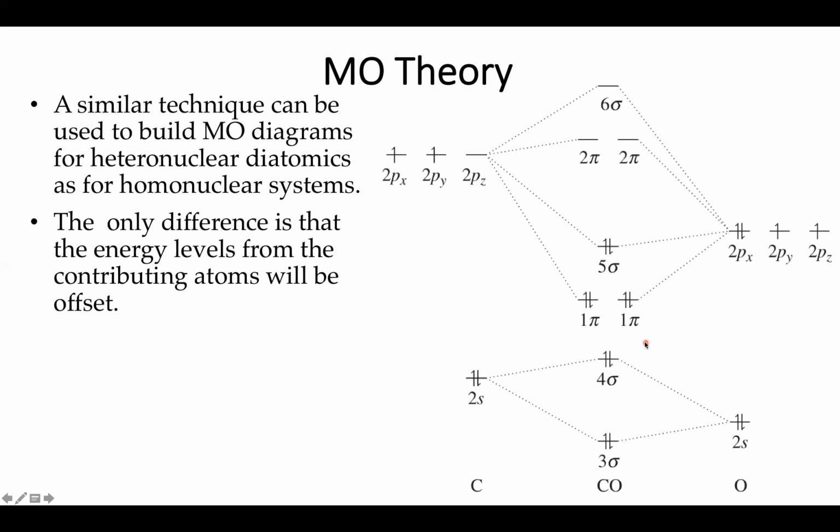So what we can then do is say, I've got 10 valence electrons that came in with carbon and oxygen, and we'll walk our way up. The first 4 go into the s-based orbitals, and the next 6 go into the p-based orbitals. That will mean that we'll fill up both the pi and the sigma bonding orbitals, and we won't put any electrons in the anti-bonding orbitals.